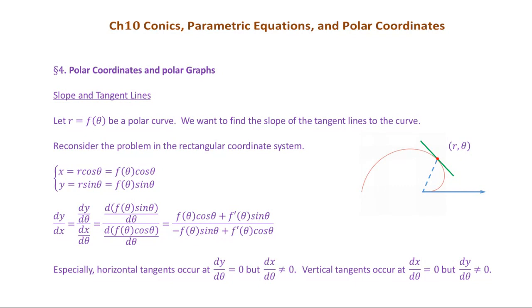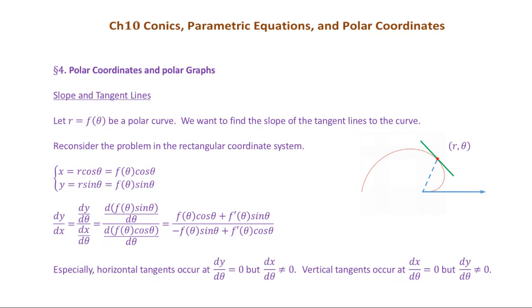Especially when there's a horizontal tangent line, dy over d theta will be 0 but dx over d theta is not 0. If you divide those two, you get 0, which essentially means dy over dx is 0. That's the horizontal tangent, right?